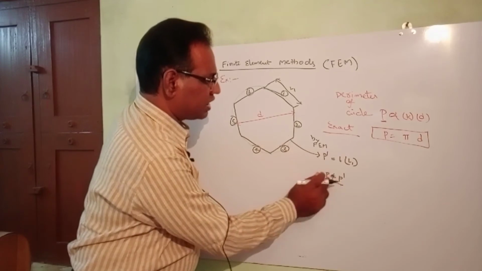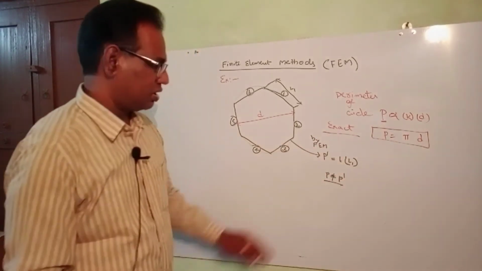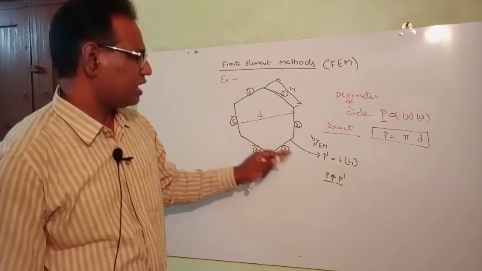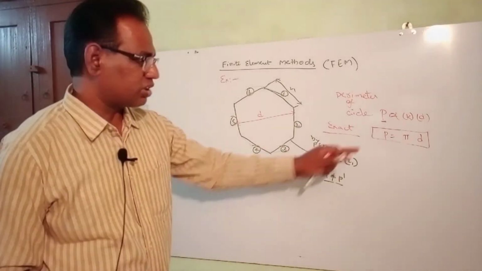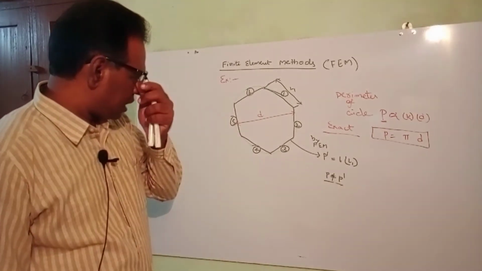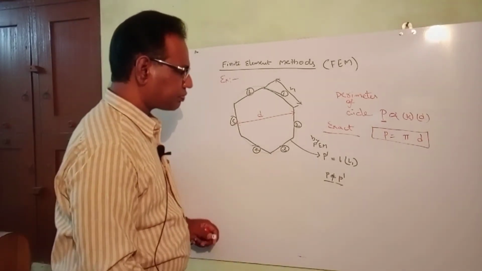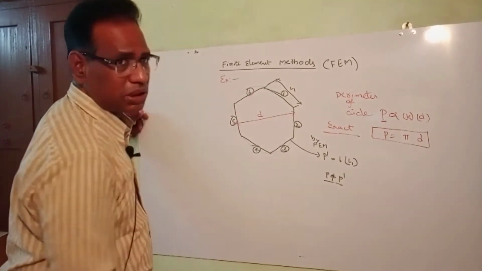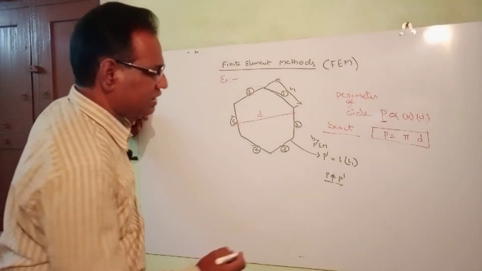When it is not equal, this solution is not the exact solution. Whatever P dash you got from this method is not the exact solution. The exact solution is pi d, so they are not equal. So then we divide the circumference not with 6 line segments but with 12 line segments.